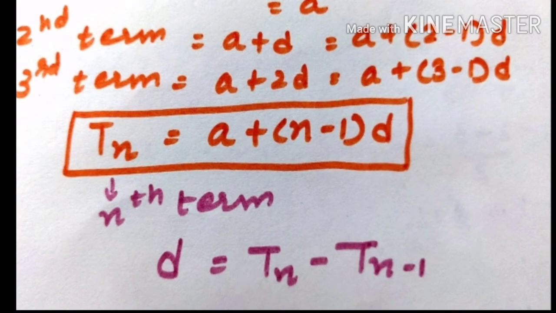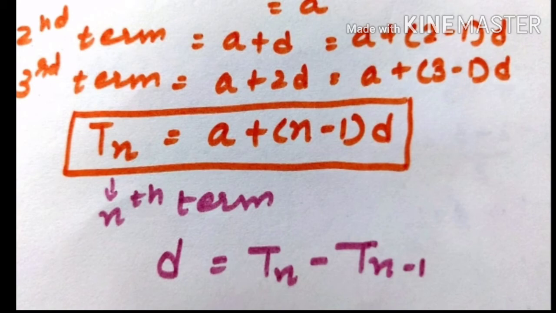Okay, next is one more formula we are going to learn here. After the Tn formula there is d. The notation d for the common difference is equal to Tn minus Tn minus 1. So this is our common difference. How do you find it? It is the last term minus the previous term.